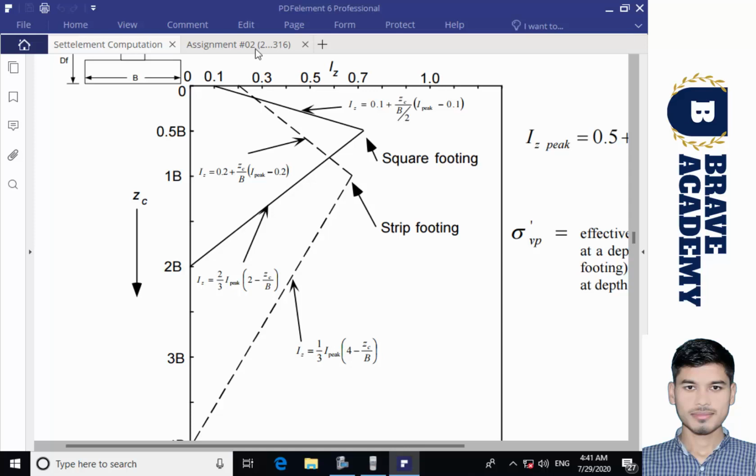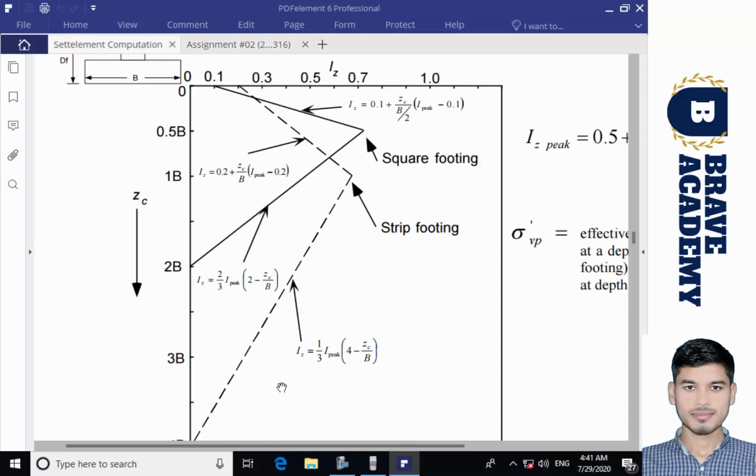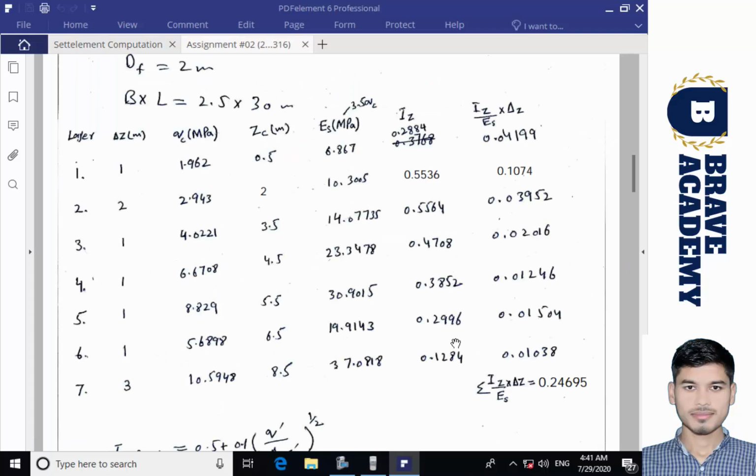Compute it. Iz will be 0.5564, and for 4.5, 5.5, 6.5 and 8.5 also use this formula, as the value of Zc is greater than 2.5. So you will get Iz corresponding to Zc.